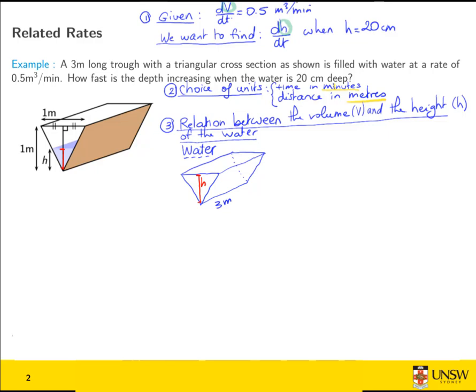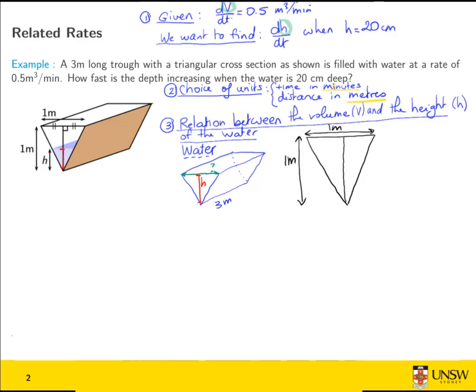Okay. To calculate the area of a triangle, we need to do base times height divided by 2. So we know the height, we don't know the base. We need to find the base. We're going to need this distance. And in order to find this, we're going to be redrawing the 2 triangles, the one representing the trough and the one representing water.